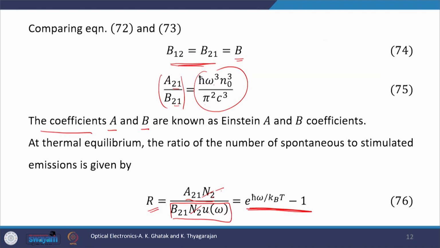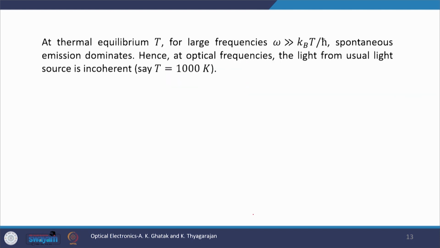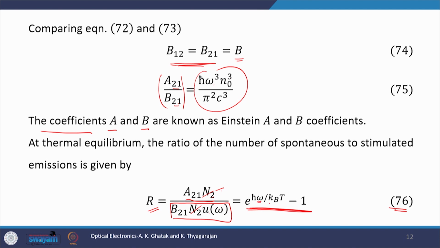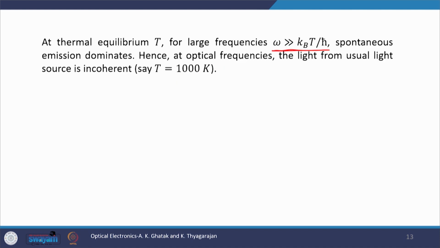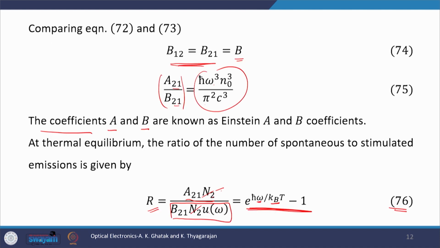Now, in this expression in equation 68, at thermal equilibrium T for large frequencies, which means when omega is much larger than kBT by h cross, you see that at thermal equilibrium the spontaneous emission dominates, because this term is exponential, and if omega is much larger than kBT by h cross, then this term would be much larger than 1.